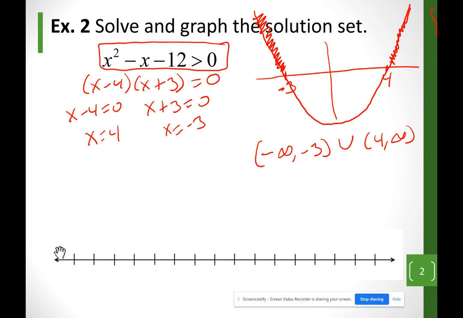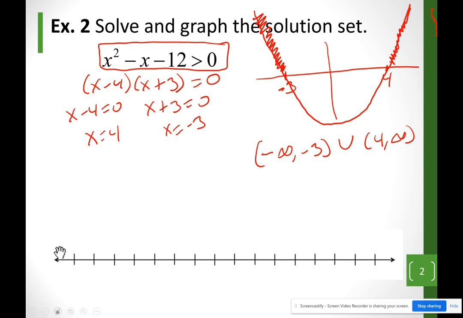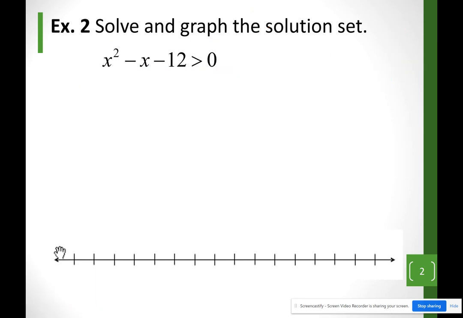However, there's another way we can do this as well. Let me erase all this. We can just say, well, let me start by factoring: x minus 4, x plus 3 is greater than 0. Now, find the values that make each of your parentheses equal to 0. And I get x equals 4, x equals negative 3.